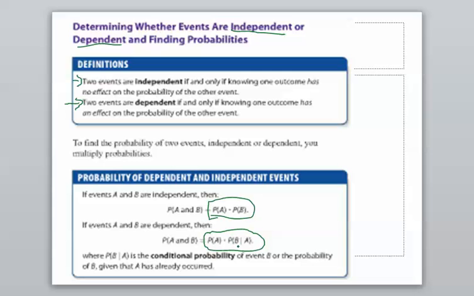But this last thing over here, in case you can't read it, it's P of B given A. That's the probability of B given A has already occurred. Okay? And sometimes it's going to mean reducing the numerator and the denominator. Sometimes it's reducing the denominator. But sometimes there's other things that have to happen too.